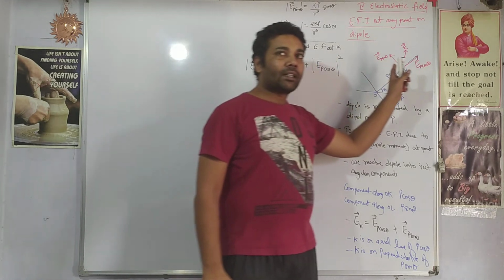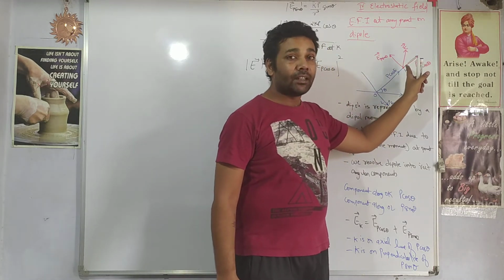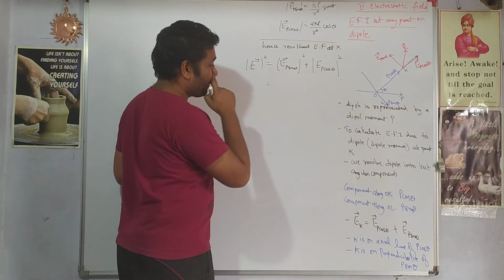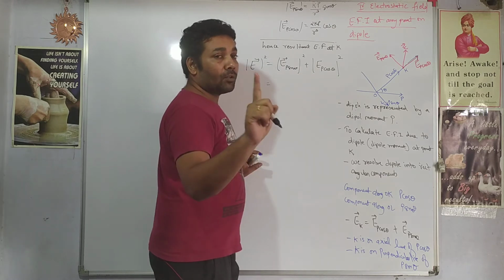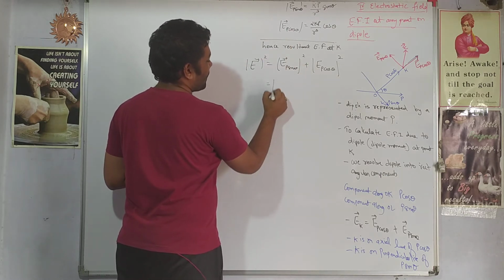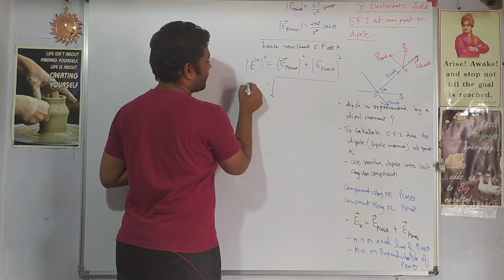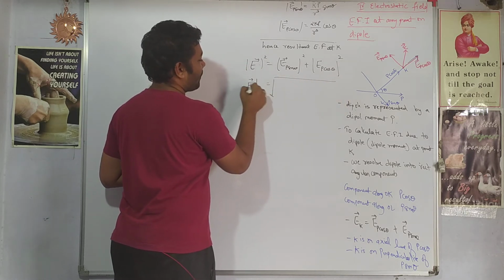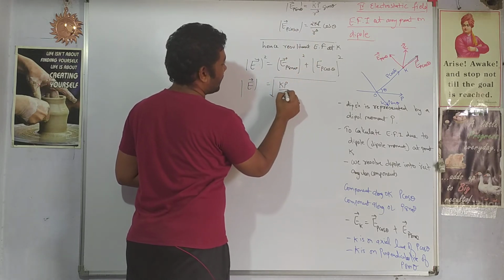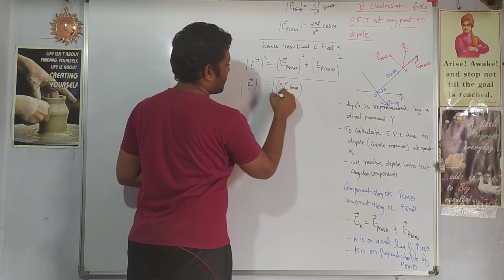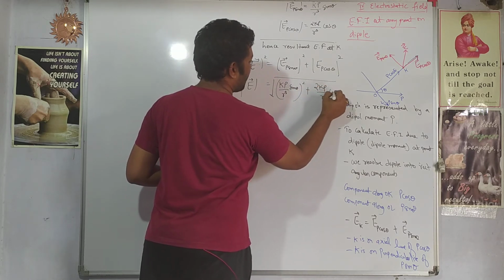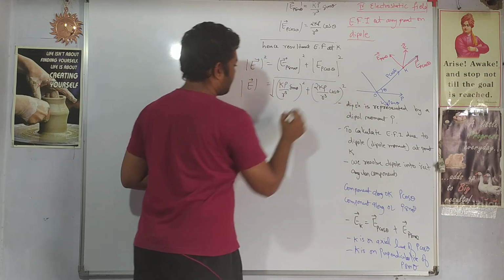Here we can clearly see that the angle is 90 degrees, right? So we can simplify using the parallelogram law of vectors. Putting the values under the square root, the P sin theta component has a value Kp by R cube sin theta, its whole square, plus 2Kp by R cube cos theta whole square.